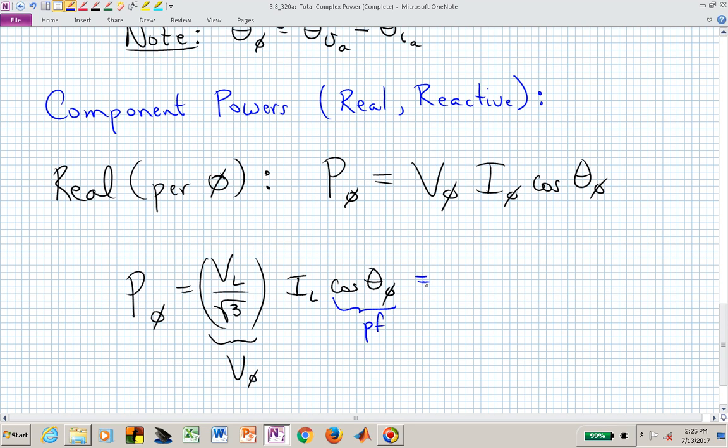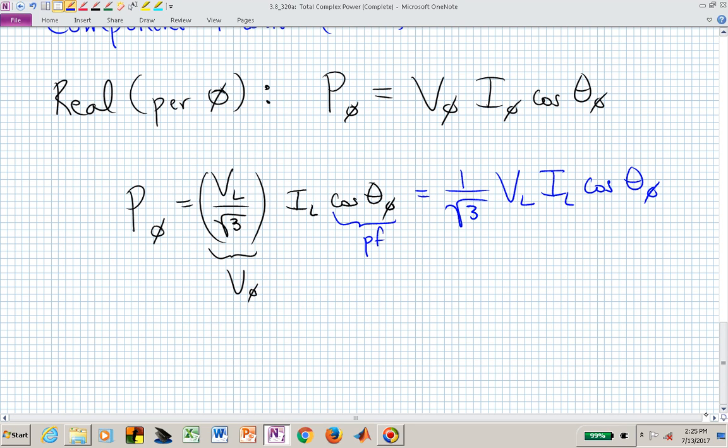So what have we found? We now see that we have 1 over the square root of 3 times the magnitude of the line voltage times the magnitude of the line current times the cosine of theta sub phi. That's for one phase. If we wanted the total real power, then we multiply that by 3.